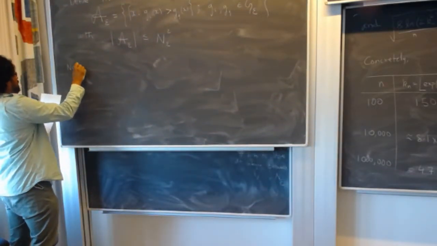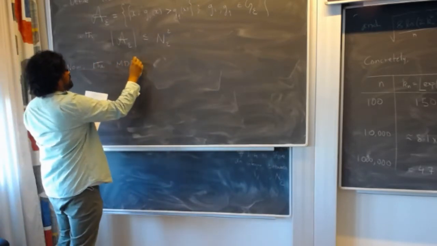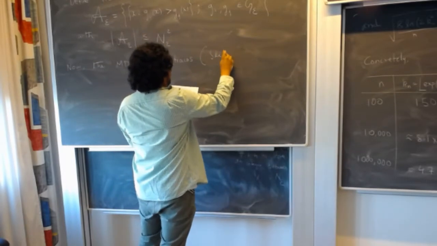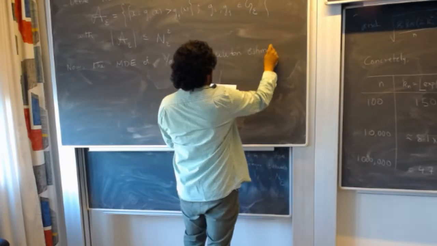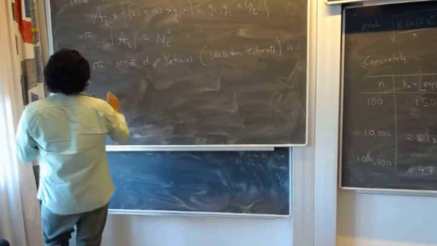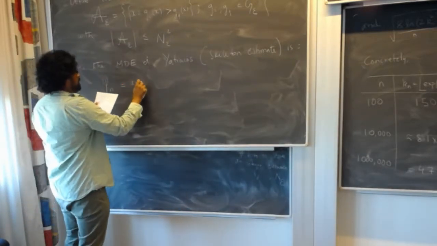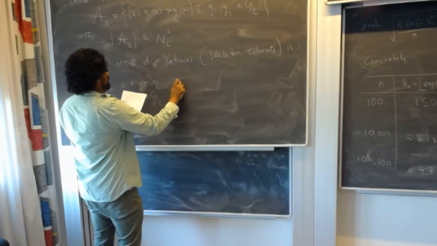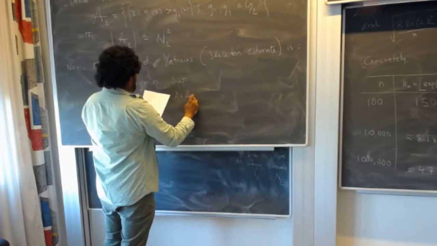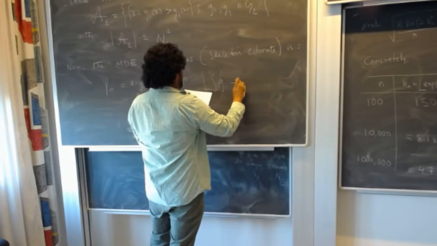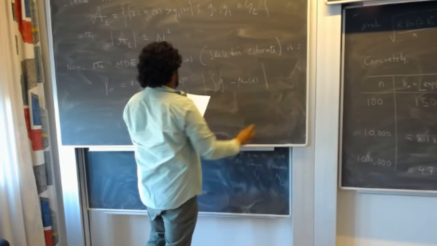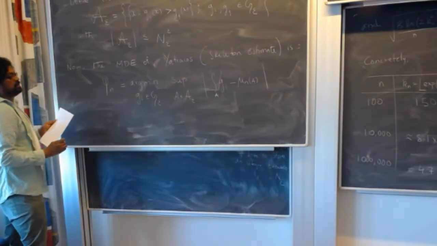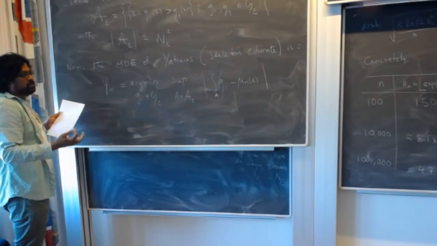Now the minimum distance estimate, the Yatracos skeleton estimate, is this guy: psi n, the argmin over g_i in G epsilon of the supremum over A of the difference. That's our minimum distance estimate over this class.